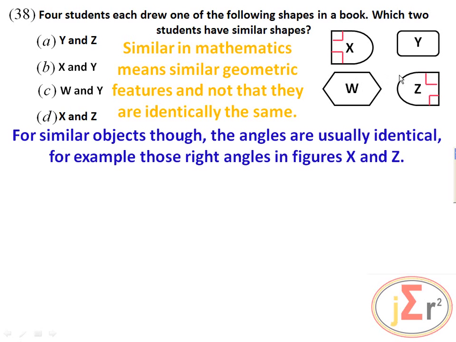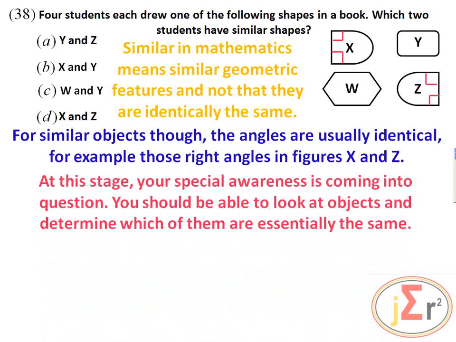Right, so we have also that the curved portion is also on the other object. So we are sure that they are the similar shapes. They have the same shaped angles, and they also are accompanied by those curved lines. So the shapes in X and Z are the similar objects, and they are represented by option D.